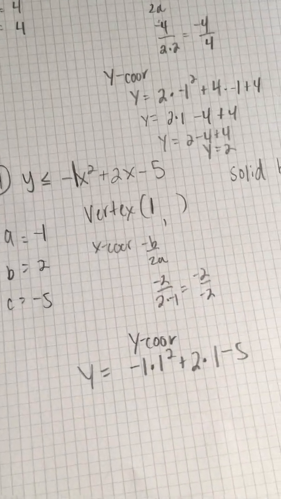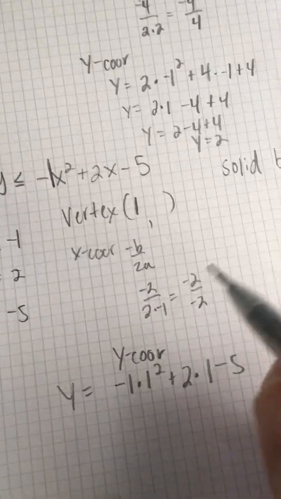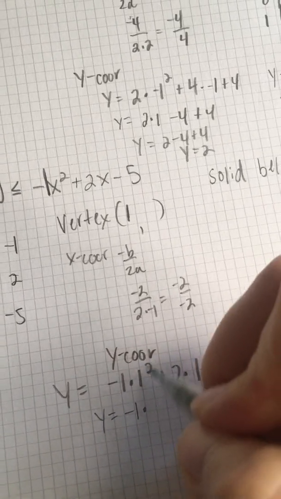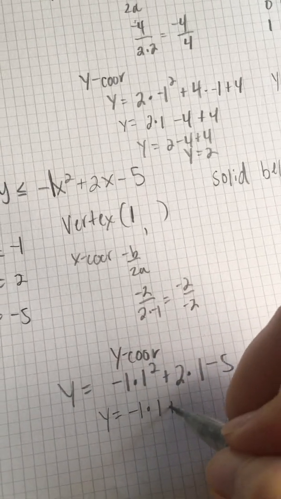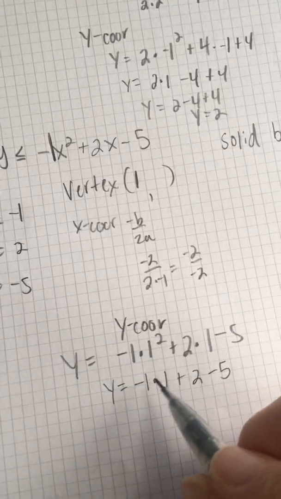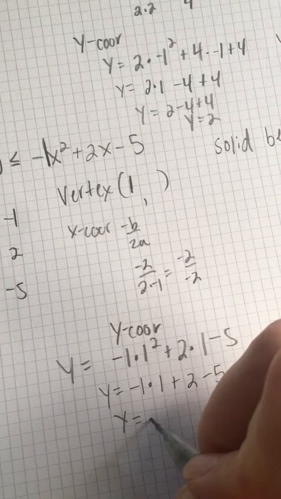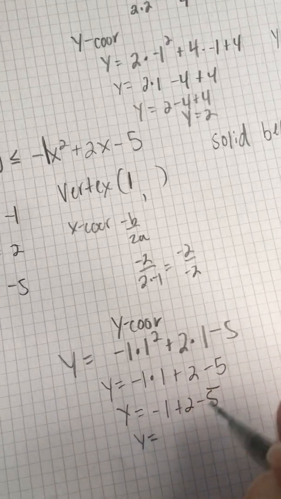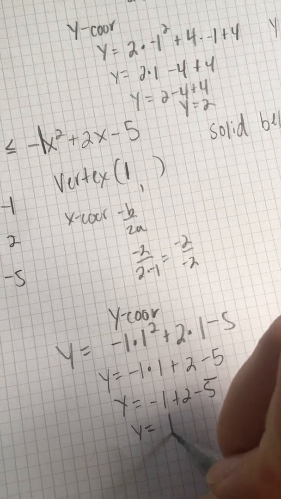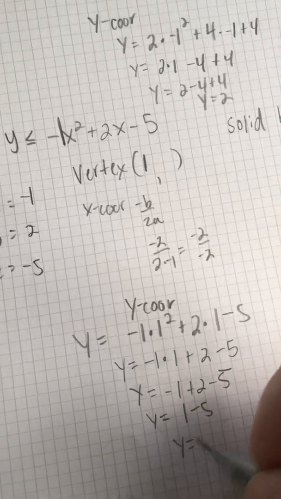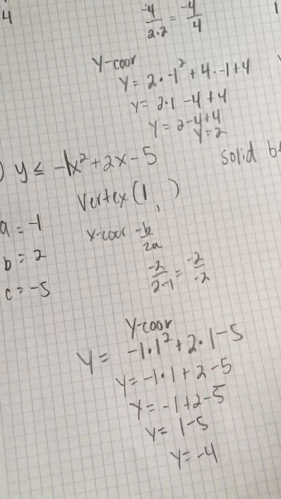Finding y, do the 1 squared first. So the negative 1 comes down, this becomes a 1, multiply these to get 2, and the negative 5 comes down. Still have to multiply these to get a negative 1 plus 2 minus 5. And different signs subtract, keep the sign of the bigger. 1 minus 5, different signs subtract, keep the sign of the bigger, negative 4.